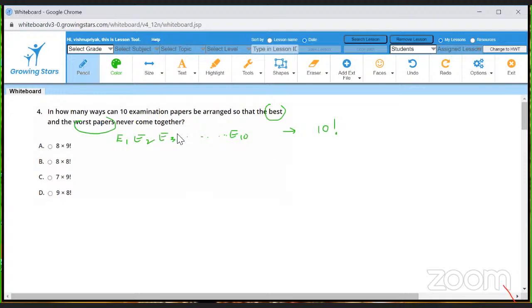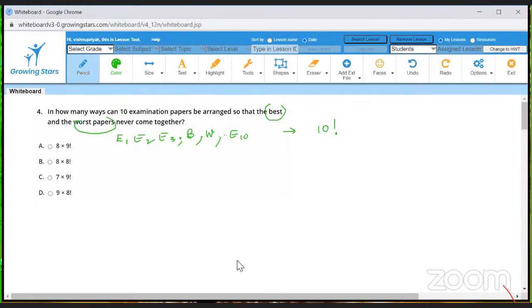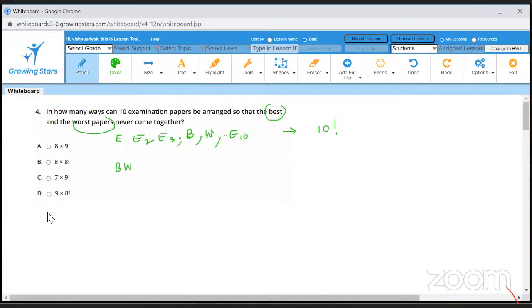In these 10 papers, only one paper can be best and one paper can be worst. There can't be many best papers, many worst ones. So we will take best and worst come together.